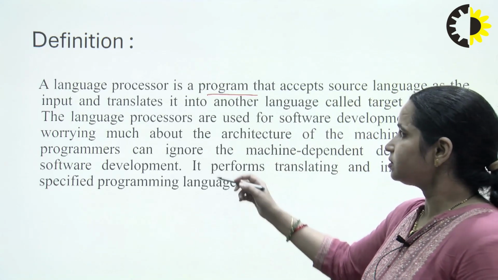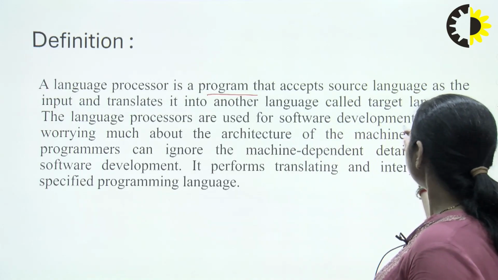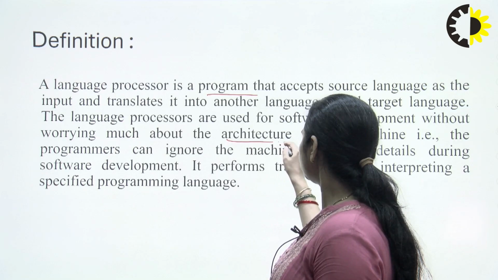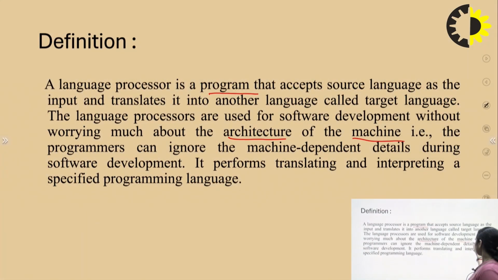So language processors are used for software development without worrying much about the architecture of the machine, right? That is, the programmers can ignore the machine-independent details during software development. It performs translating and interpreting of a specified programming language.